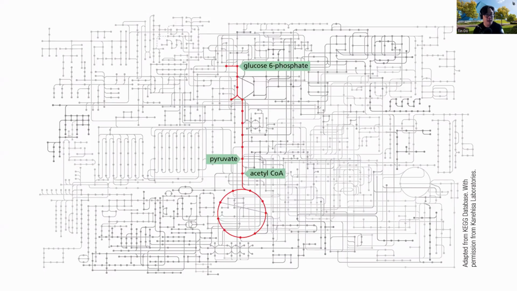Okay. And we can see just in the glycolysis alone, this process right here, look at how it's embedded through all other processes within the cell. The red path, minus my drawing, is a small, small biochemical process.